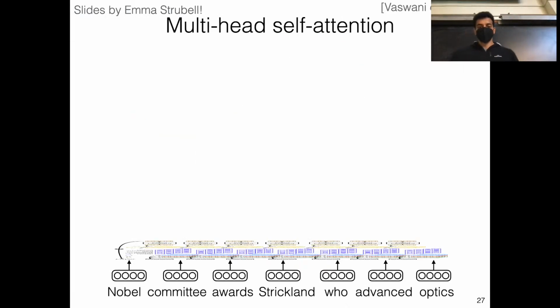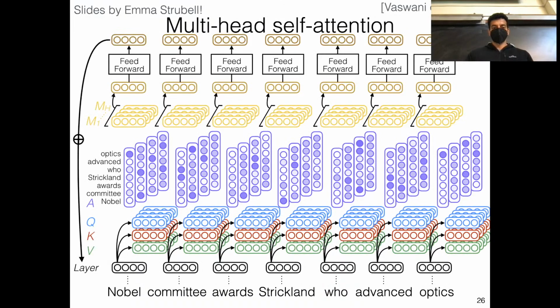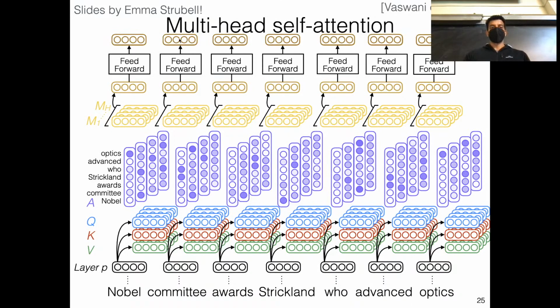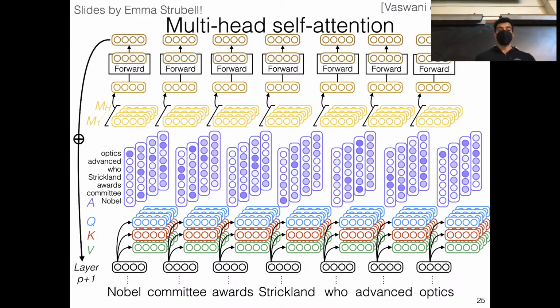So if we go back to this, and hopefully it doesn't break my computer. So here, at this point, on the iPad, I said, all right, we're going to take these brown representations and just feed them as input to the next layer. In practice, we actually add these brown representations to the original input of this layer. So that's what's going on here.